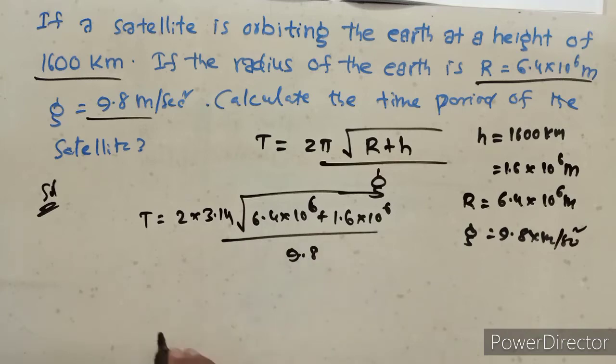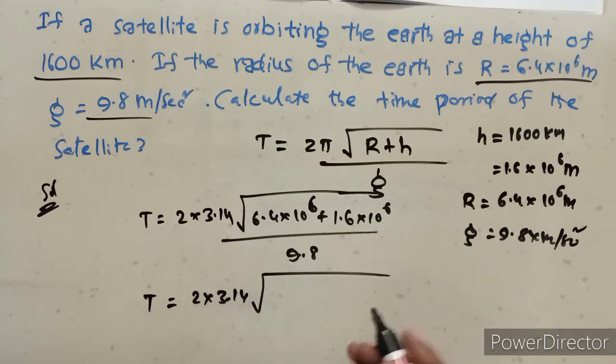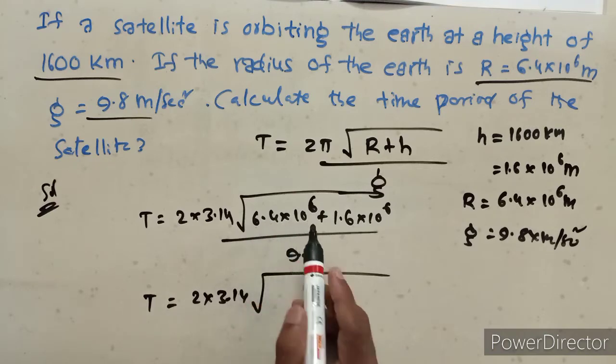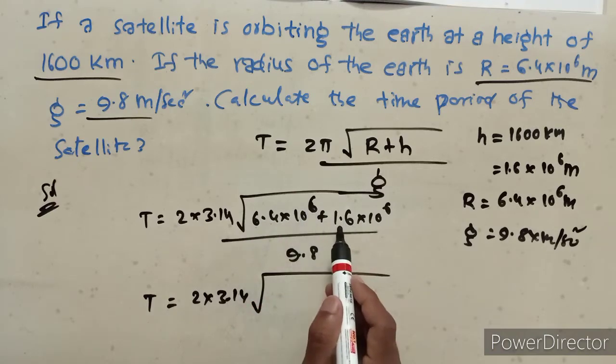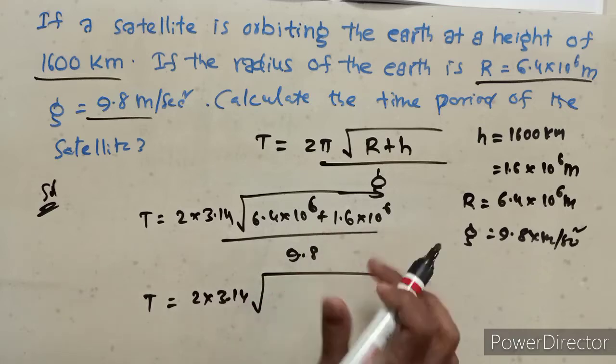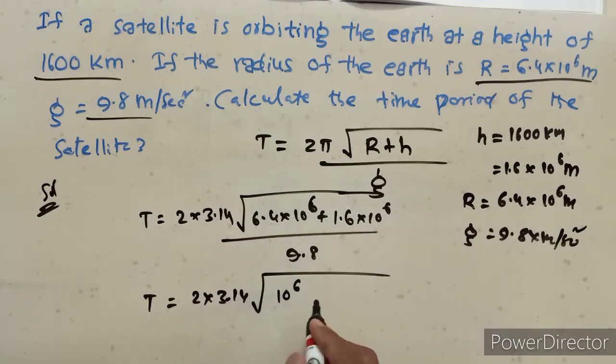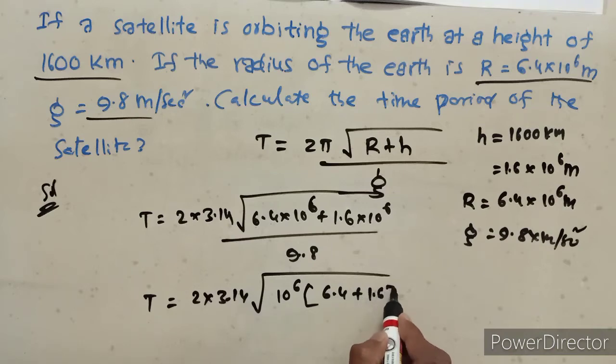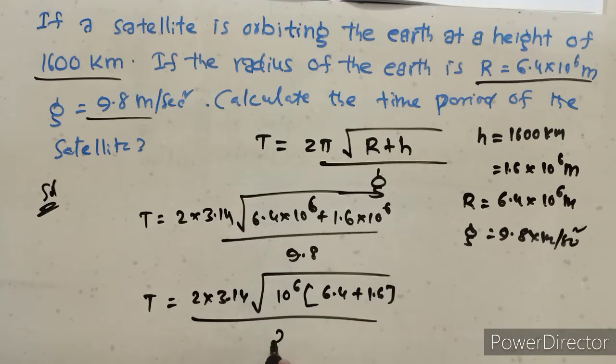g is 9.8. T equals 2 into 3.14 under root of 6.4 into 10 to the power of 6 plus 1.6 into 10 to the power of 6. 10 to the power of 6 is common, so it is 6.4 plus 1.6 under root upon 9.8.